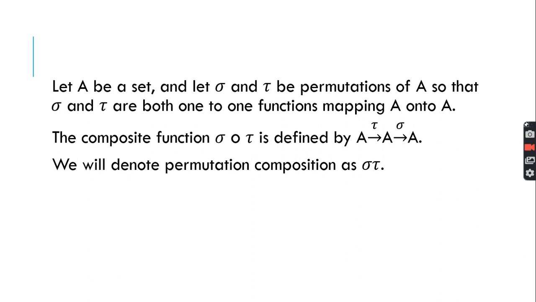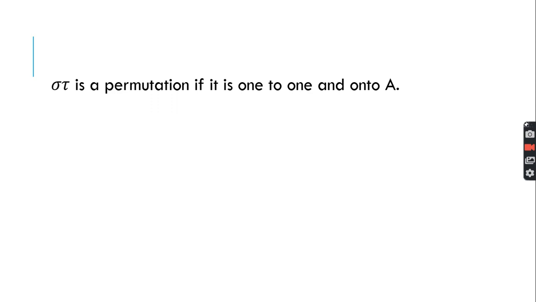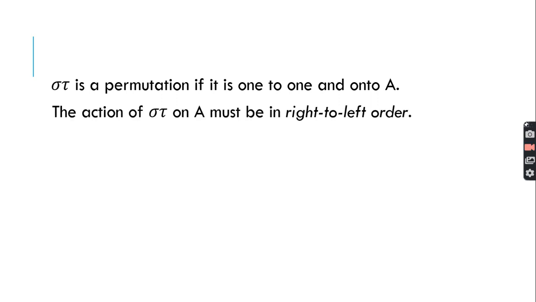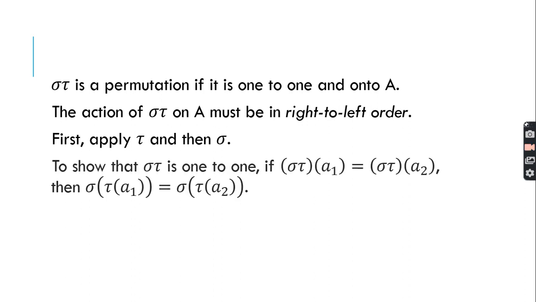We will denote permutation composition as simply the juxtaposition sigma tau. Sigma tau is a permutation if it is one-to-one and onto A. The action of sigma tau on A must be in right-to-left order. First, we apply tau and then sigma.